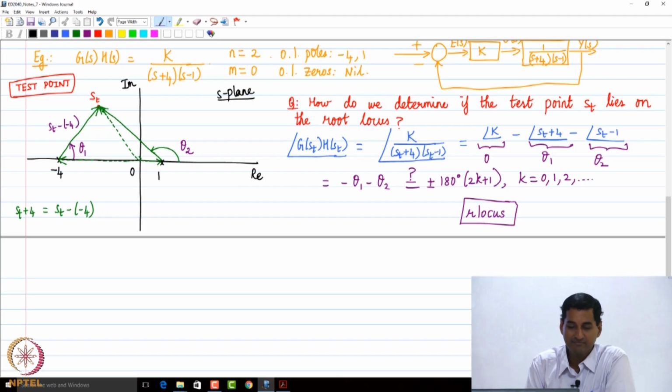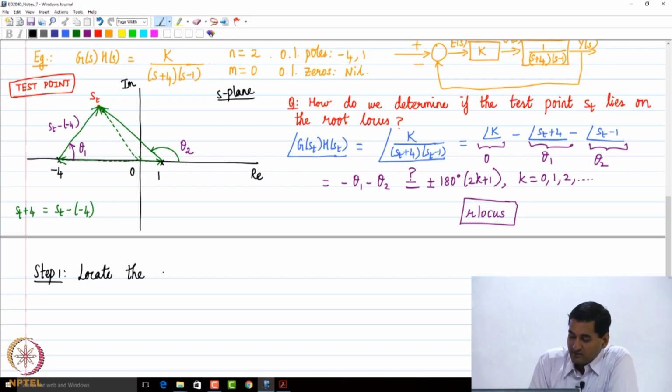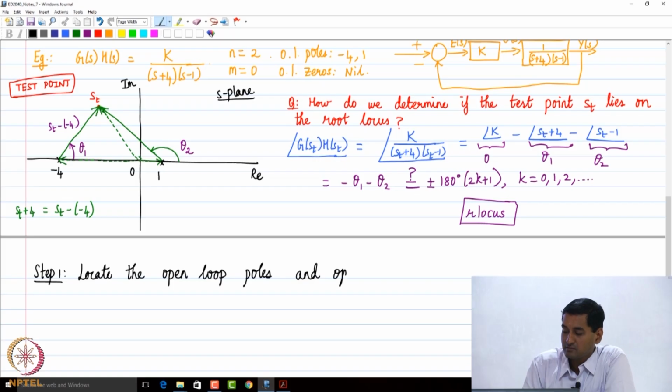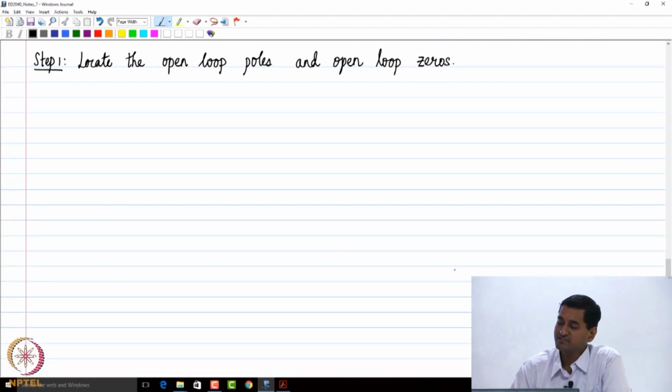So let's look at the first step. Step 1 is to locate the open loop poles and open loop zeros. That's something which we have already done, but let me do it fresh.